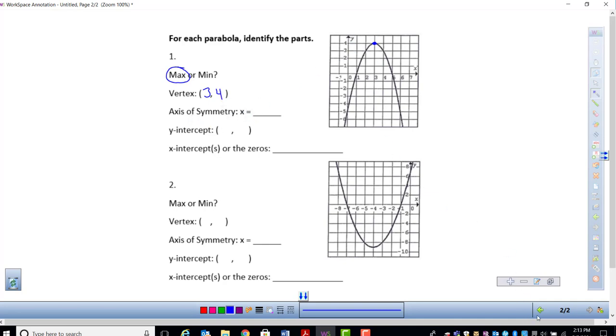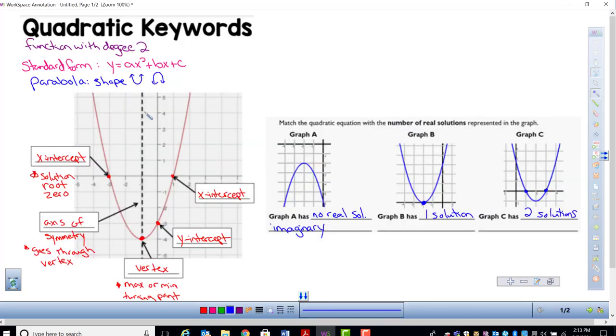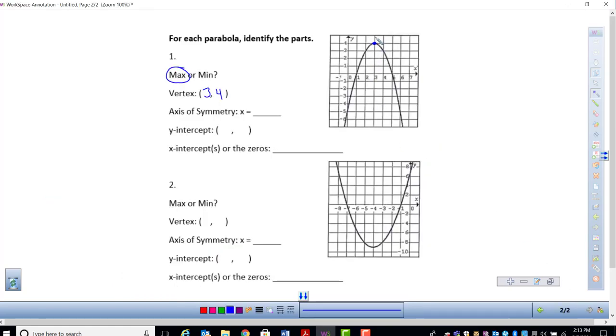So if I go back and look at my axis of symmetry goes right through my vertex, it is the x equals line. If we think back to our linear functions, x equals is a vertical line. So we just want x equals, and this is at x equals 3. We can always steal that from the vertex. This will always match up because it goes through the vertex.